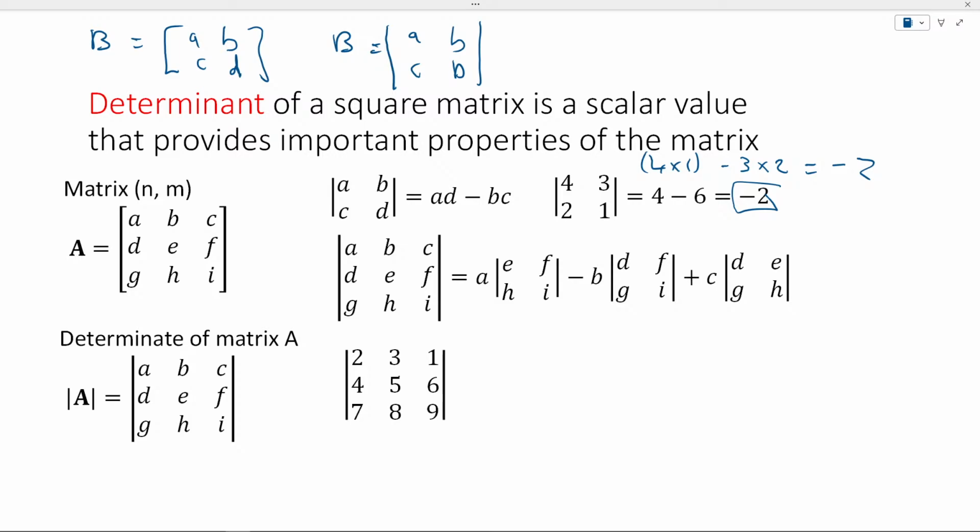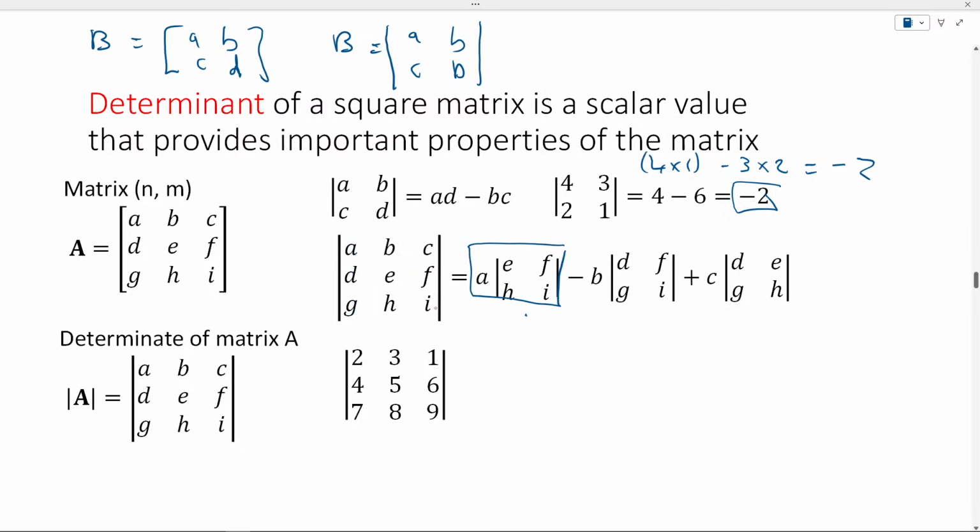For this element here, for example, you cross it out like this, so it's A times the determinant of this matrix. And we know the determinant of this matrix: it would be E times I minus F times H. That would be the first term here.